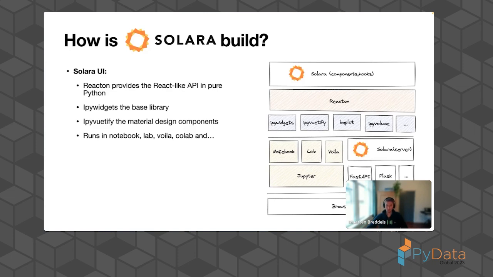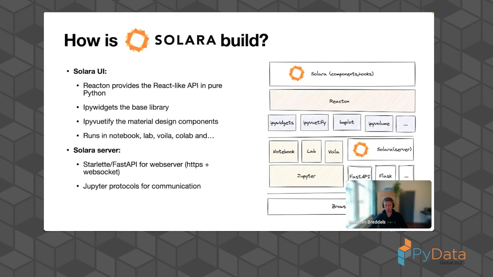As I've shown, it runs in the Jupyter Notebook, also runs on Lab or Voila, so basically on the whole Jupyter stack or Google Colab. But we also have this Solara server. It's using Starlette or FastAPI. It can use Flask, used as a web server, still using the same Jupyter protocols. But this is something we recommend for production. It has an in-process virtual kernel. It's much more efficient for handling many users and sharing memory.